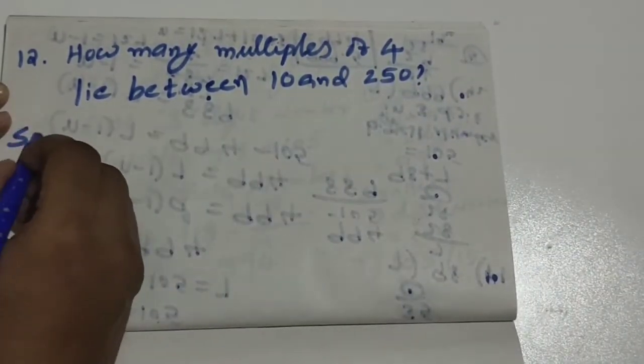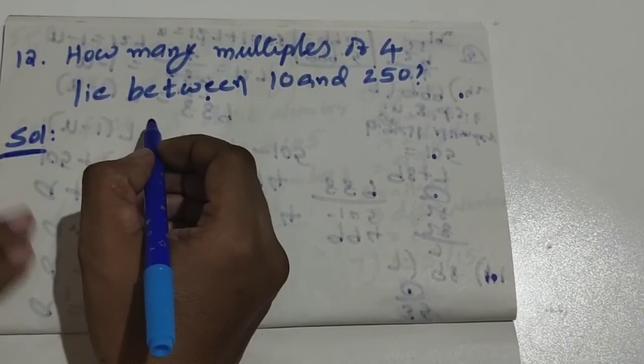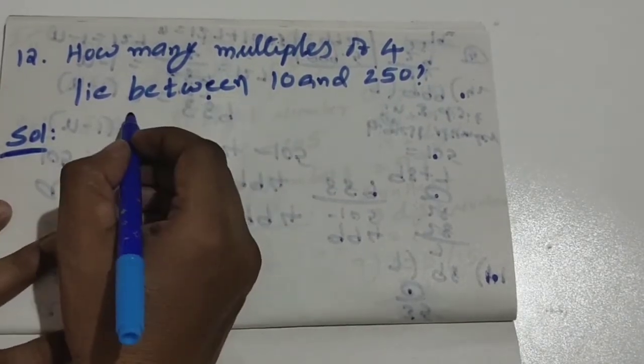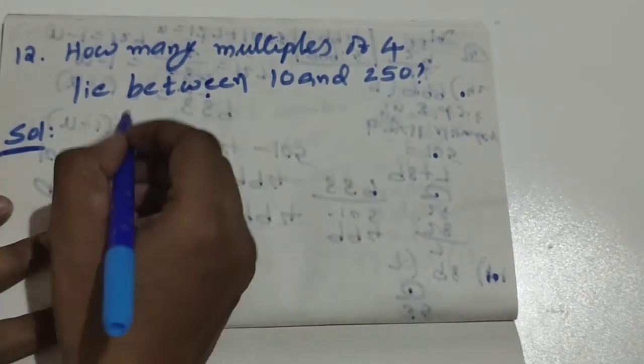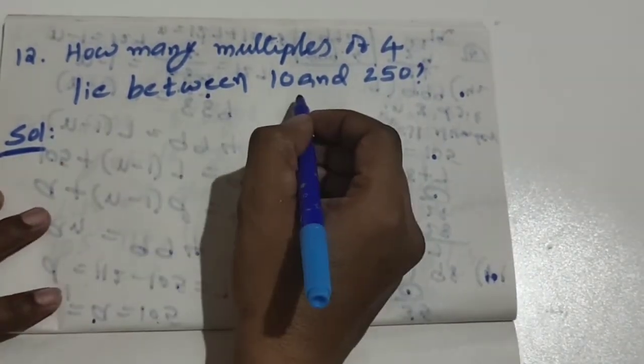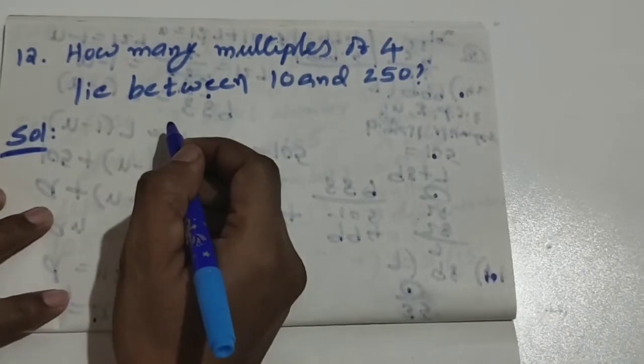So let us write here the solution. The multiples of 4 in between 10 and 250. So the first multiple of 4 after 10 is simply 12.